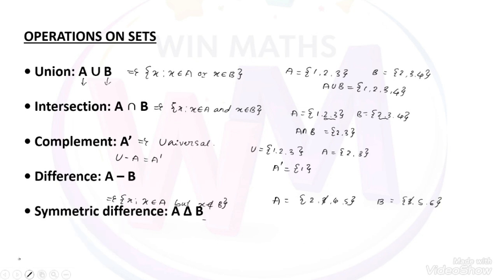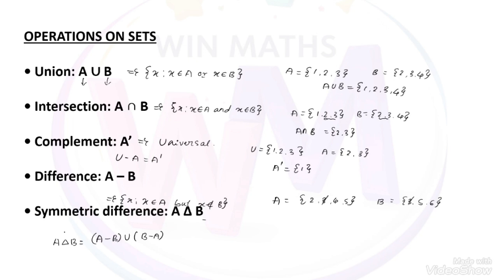How can we take a symmetric difference? The symmetric difference A delta B can be taken as the union of A minus B and B minus A. These are the important operations on sets.